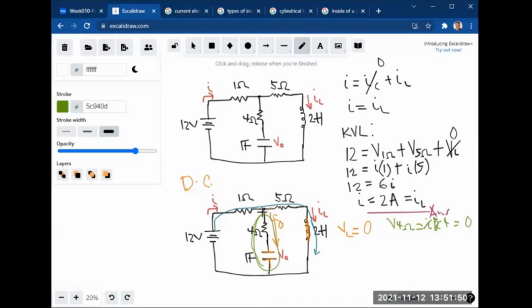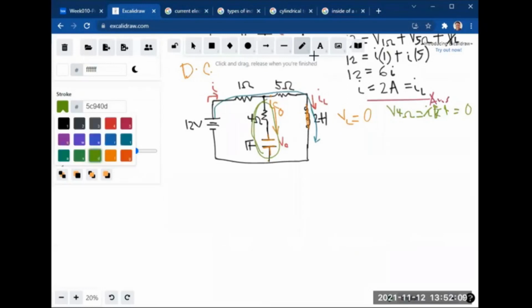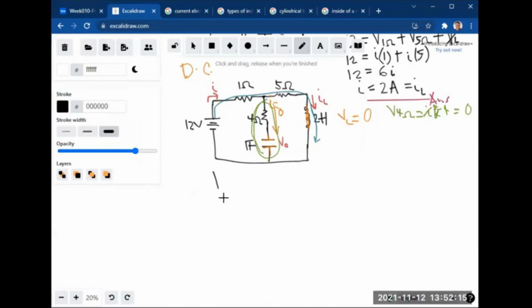So whatever the voltage for this whole branch is will be equal to the voltage across the capacitor. This branch is parallel to this branch. Let's redraw our circuit to see the parallel branches more clearly.